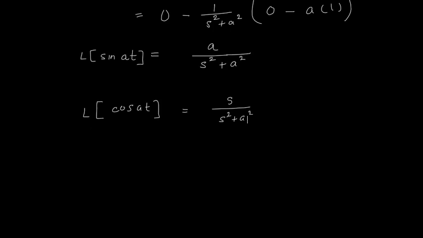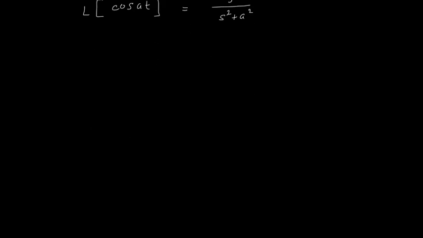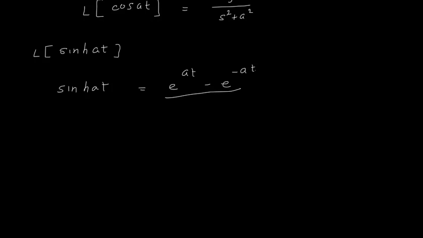Now the next standard function is Laplace of sine hyperbolic at. Here we should know that sine hyperbolic at is nothing but e power at minus e power minus at, whole divided by 2.